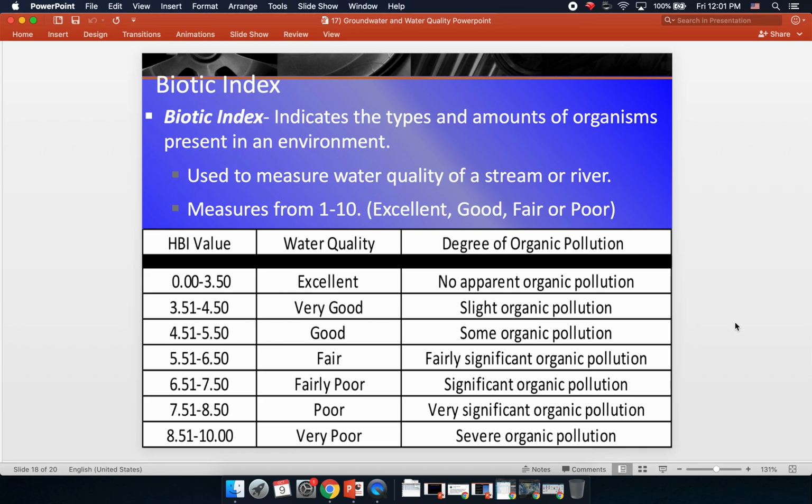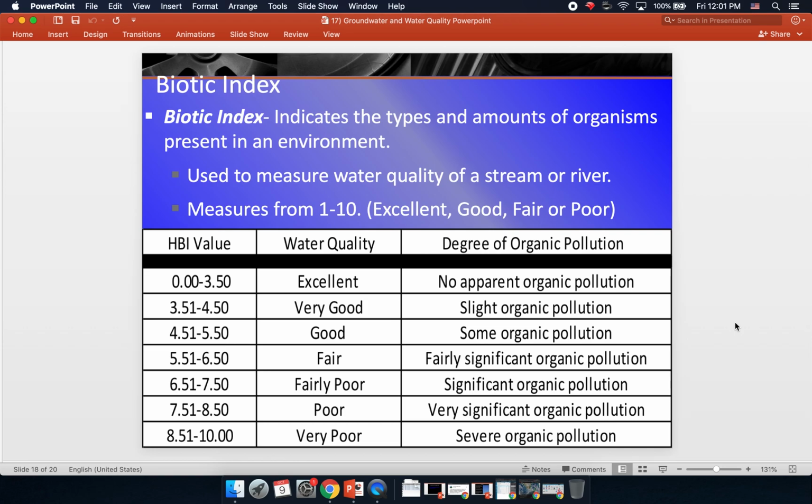So, the biotic index measures from 0 to 10. Okay, so 0 to about 3.5 on the scale is no apparent organic pollution. That's excellent water quality. That's water for which there's no indication that there's an overgrowth of organic material in the water.